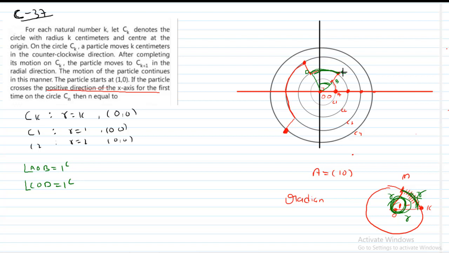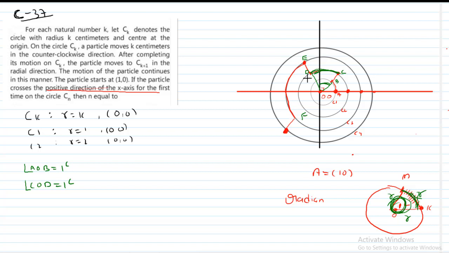Understood here? So the particle is at C and is traveling. After it travels 2 units, the position of the particle is at D only. Arc length is 2 units, the radius of the circle C2 is 2 units. The angle COD is nothing but 1 radian. Okay. After some time, the particle is at E. Again it travels, approaches F. So EF length is 3.